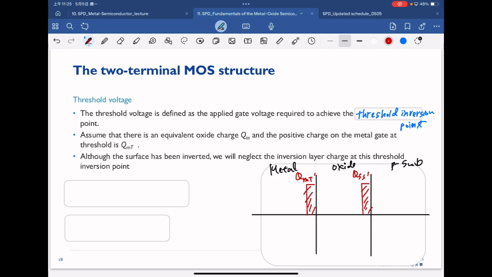And in the end, this should be equal to the inverting charge Q_SD here, where this is our x_d, and the total charge here we define as Q prime SD maximum.